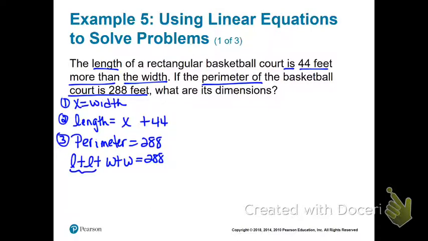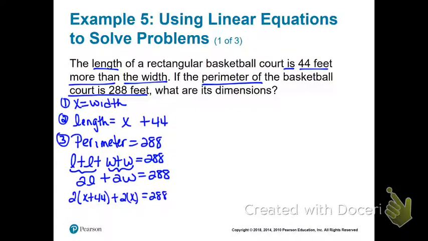Then L plus L would be 2L, and W plus W would be 2W, equals 288, which some of y'all may recognize as the formula for the perimeter of a rectangle. So we know L up above in step 2 is x plus 44, so I'm going to replace it: 2 times x plus 44, plus 2 times W, which is x, equals 288. And there's my equation for step 3.